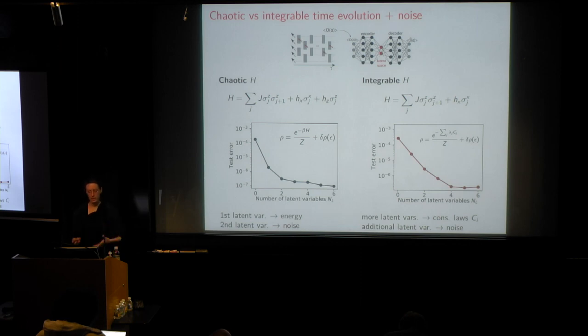So how to distinguish which conservation laws are the most important ones, or which are the ones that the baths in this case are picking up and preferring in such steady states of open systems.